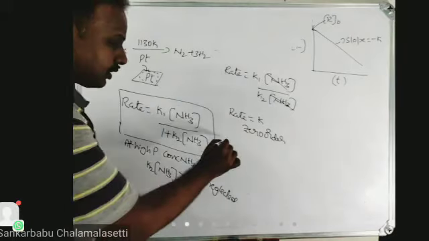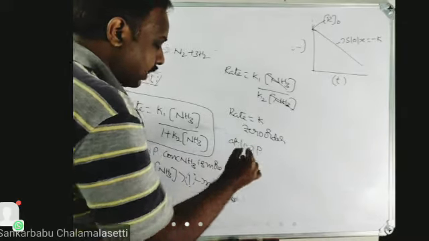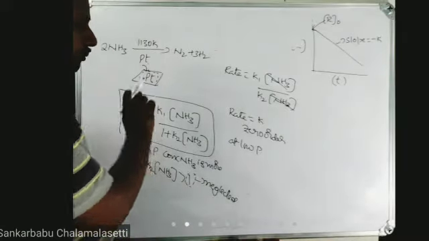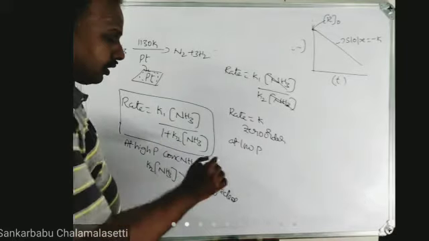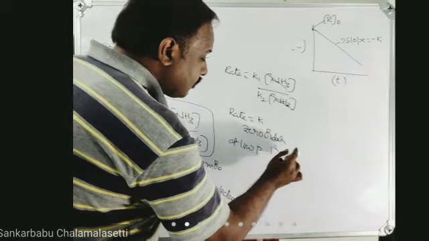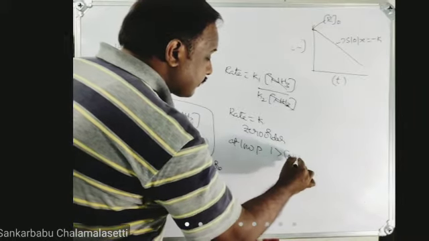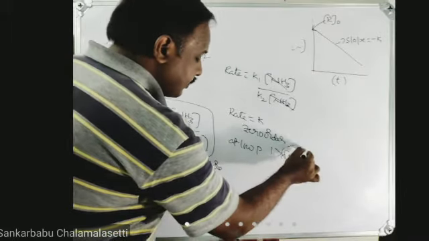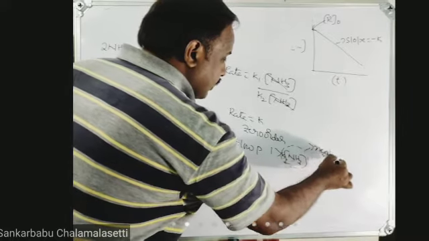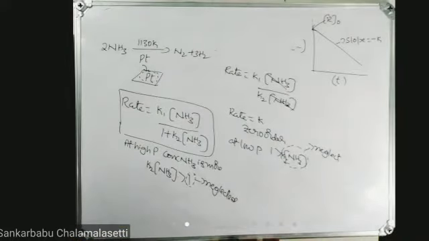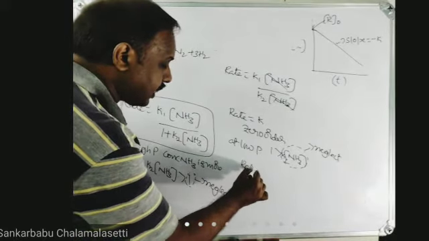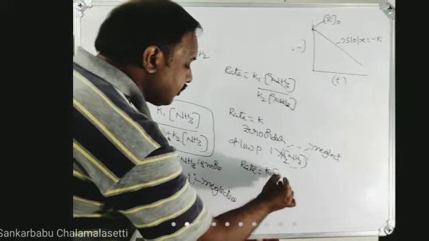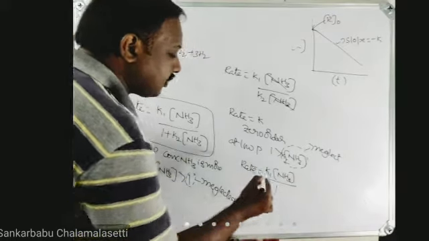Let us see at low pressure. At low pressure, the concentration of NH3 on the surface of platinum is less. Then what happens? 1 is more when compared to the concentration of NH3, so we can neglect K2 into NH3, because that value is lesser than 1. Then this rate equation is modified to K1 into NH3 by 1.